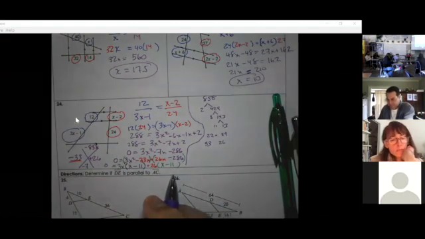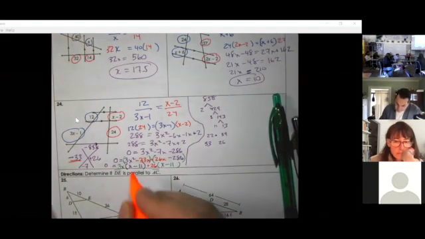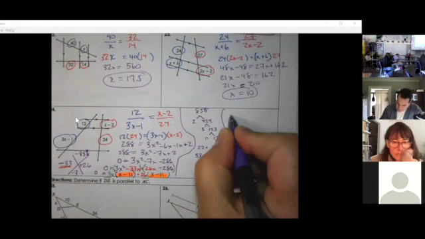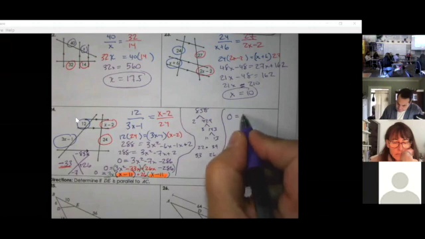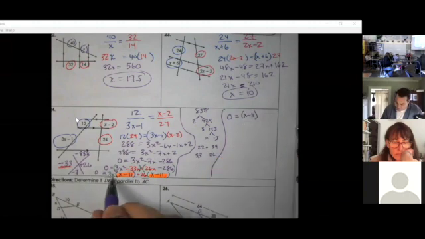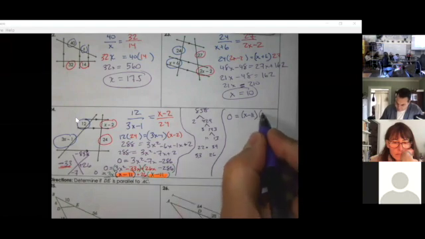And what I'm looking for is what's common to both of these 2 parts. Well, there's an x minus 11 as a factor of both of these parts. Therefore, I can pull out the x minus 11, and what's left then is 3x plus 26.